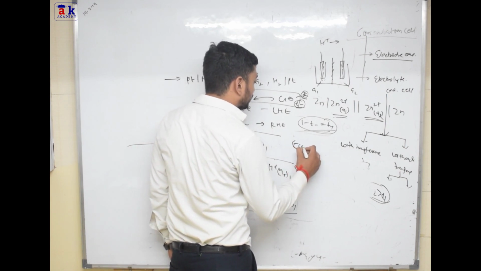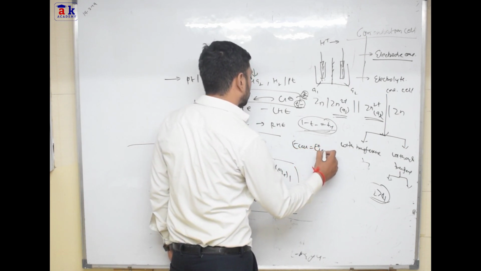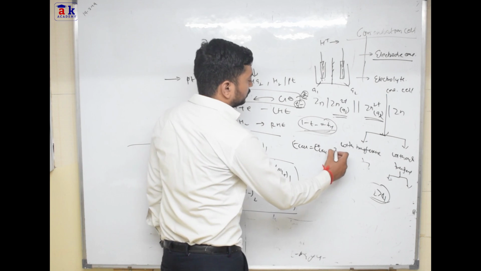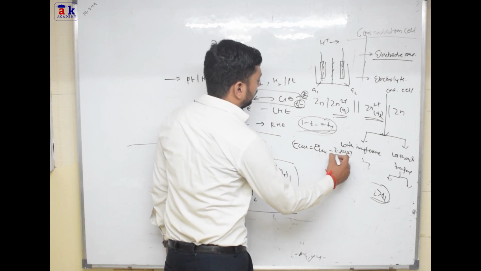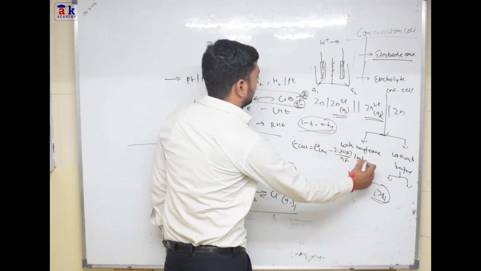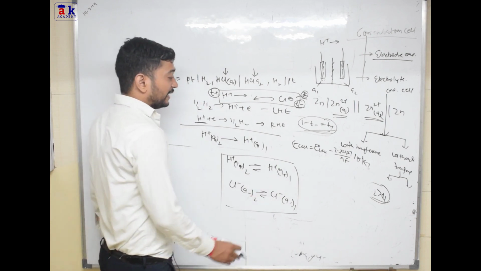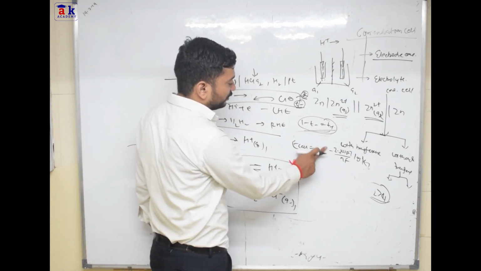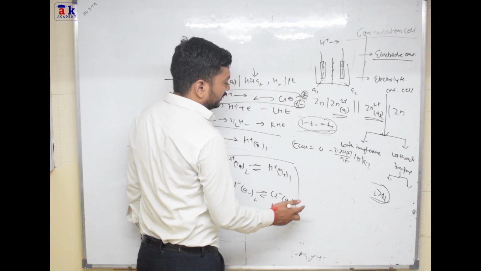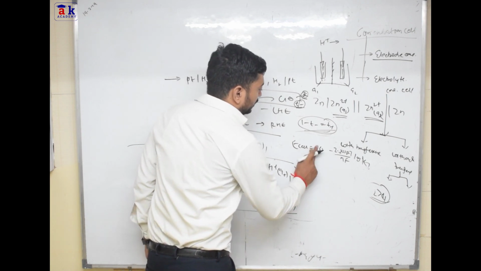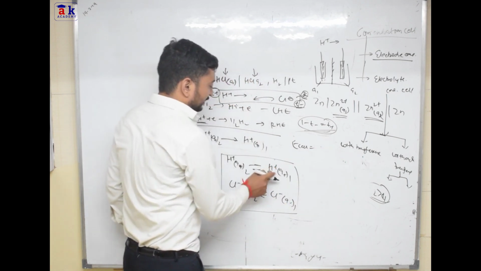So E cell will be equal to E naught cell minus 2.303 RT upon NF log K. In this case, E naught cell will become 0, and we can write it for this and this equation.